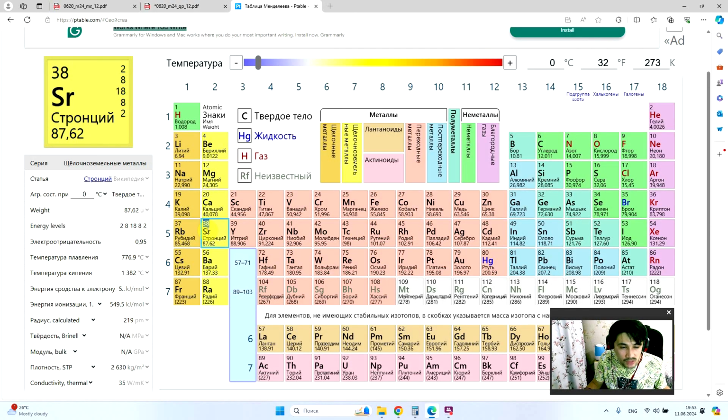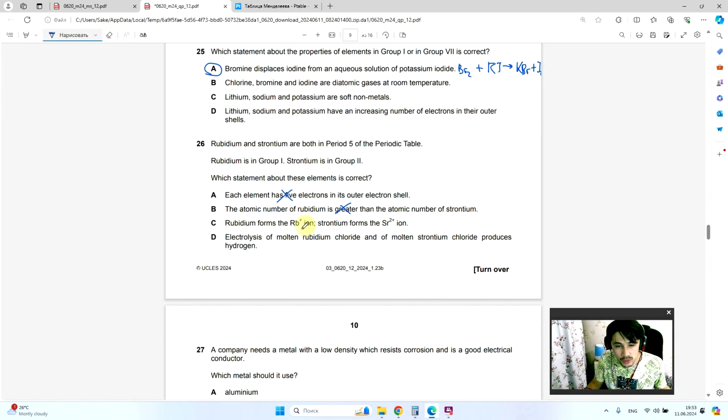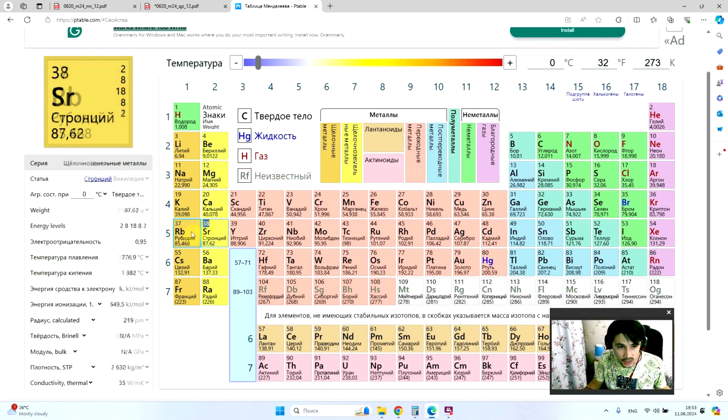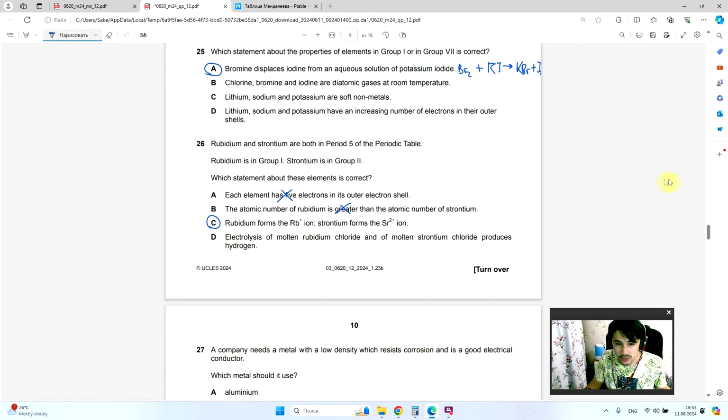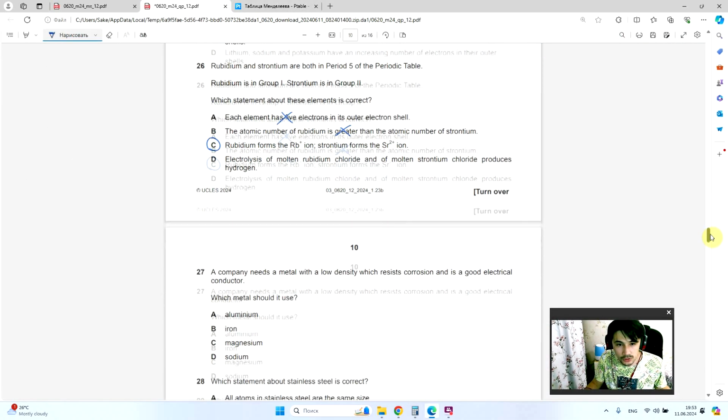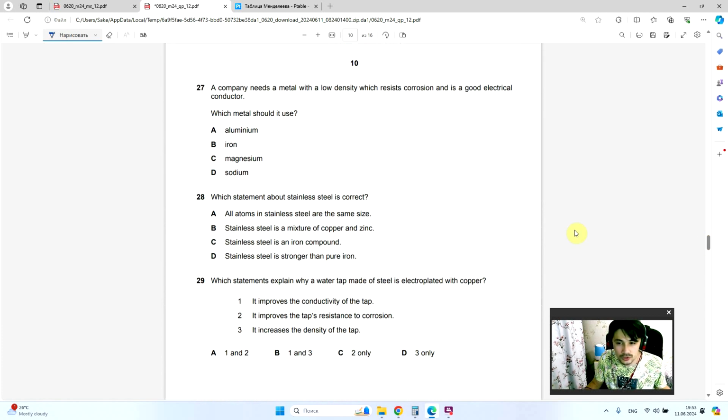I agree with that. Group numbers for groups 1 and 2 fit with their ion charges. Rubidium produces a plus ion because it has one single electron to lose. Strontium produces 2 plus ions because it has 2 electrons to lose, according to their group numbers. So you can skip the rest of the options. Move on to the next.